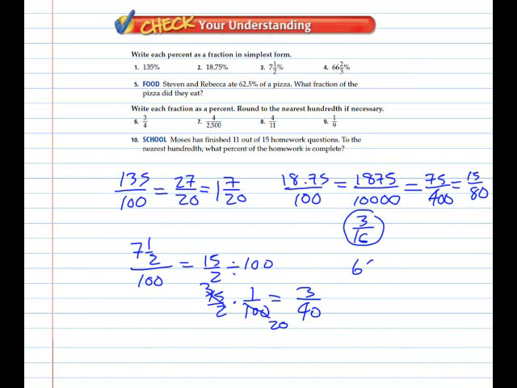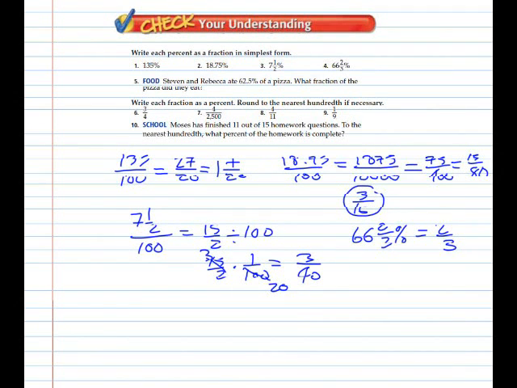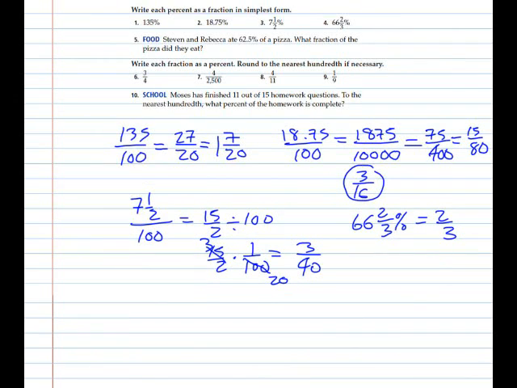66 2/3%. We just looked at that on a chart, so we're going to pretend that we remember that this is 2/3. We could work it out, but we're going to remember it. Number 5. Steve and Rebecca ate 62.5% of their pizza, which becomes 62.5 over 100, which becomes 625 over 1,000.